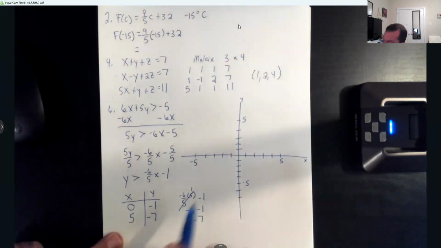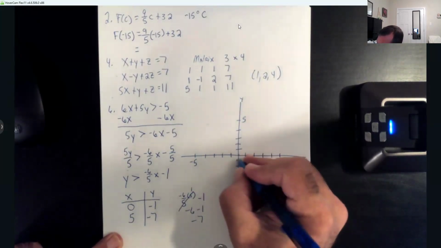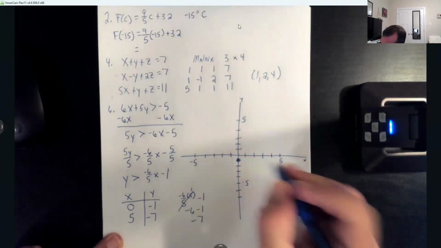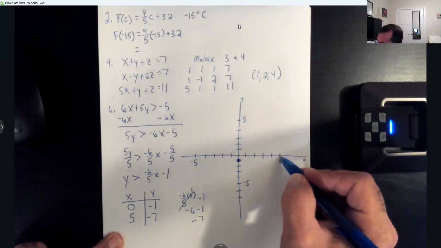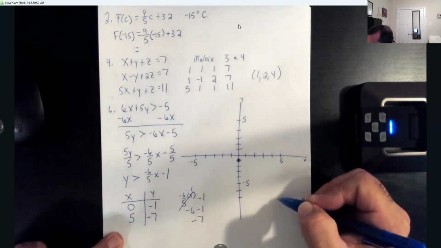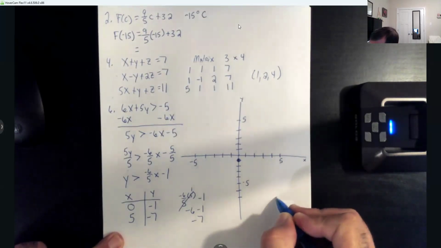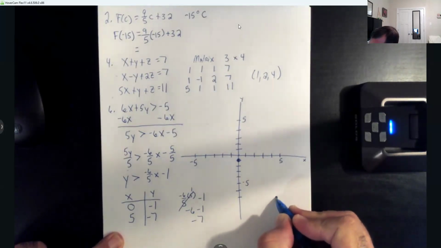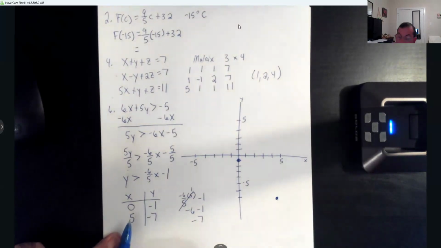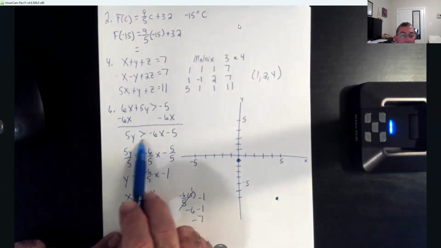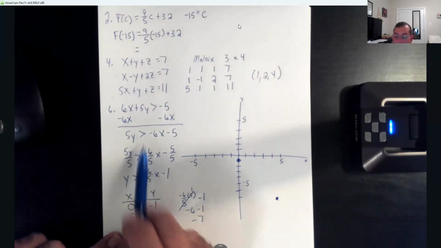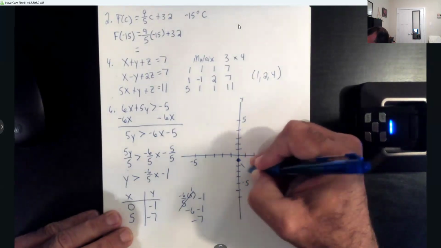All right, so 0, negative 1 will be 0 down 1. And then I had 5, negative 7. So right to 5 and then down to my negative 7. All right, so I plotted the 2 points. It's greater than without a line under it, so that's going to be dashed.